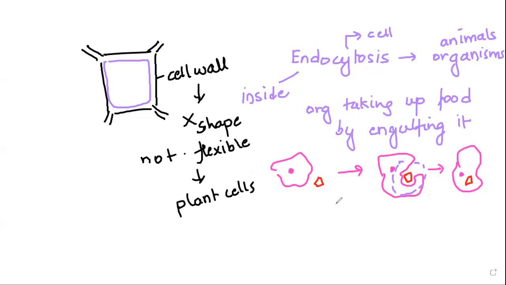Yes, so that process itself of taking up food or taking up something is called endocytosis. Like I said, this is something I follow to make it easier to remember later on, by breaking up the words by the meaning, right? So endo is inside and cyto is cell, right? So something which is going inside the cell, right? Okay.